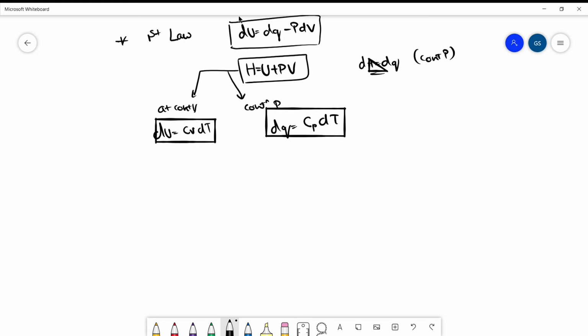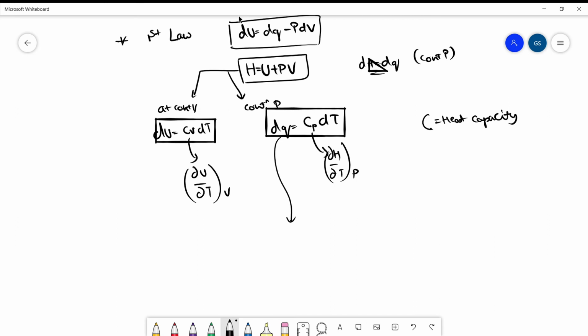So what is the C exactly? We have not discussed this. We just went through the proofs and said that the terms like del U by del T at constant volume is Cv, and del H by del T at constant pressure is Cp. But what exactly is the C? So C is heat capacity. If we just take this equation, just remove P and all, we can see that dQ is C dT.